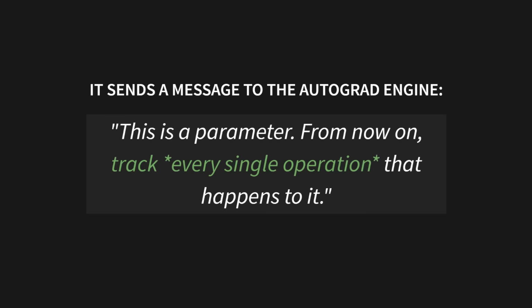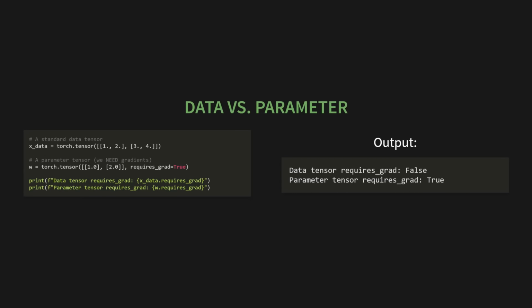Let's see this in action with data versus a parameter. Okay, look at this code. First, a standard data tensor. x_data = torch.tensor with the values 1, 2, 3, 4. Simple enough. Now for a parameter tensor, where we need gradients.